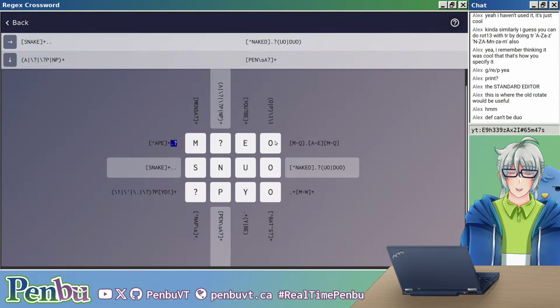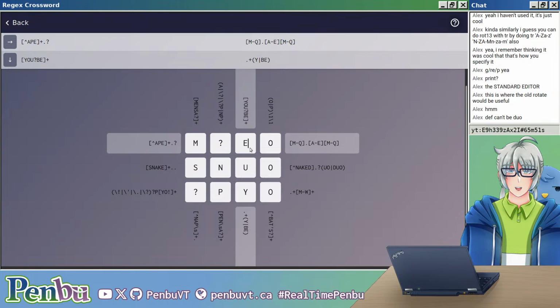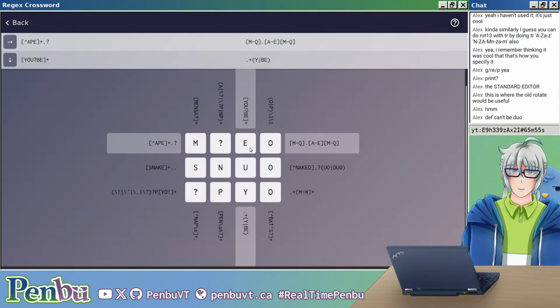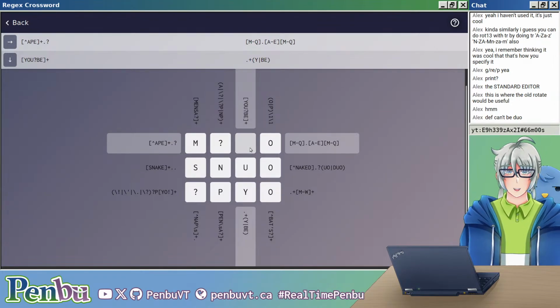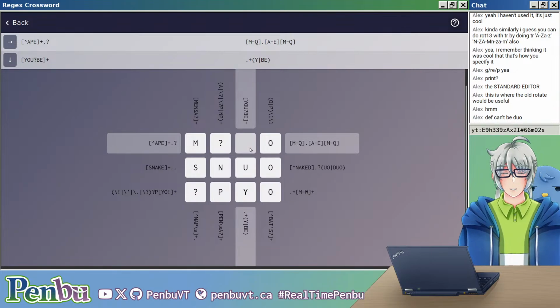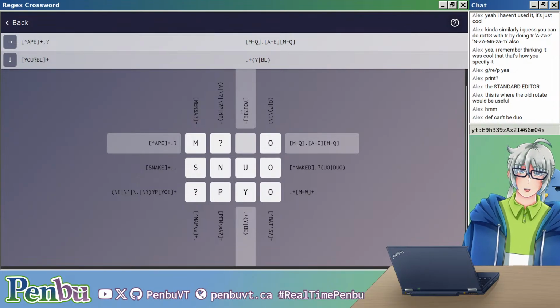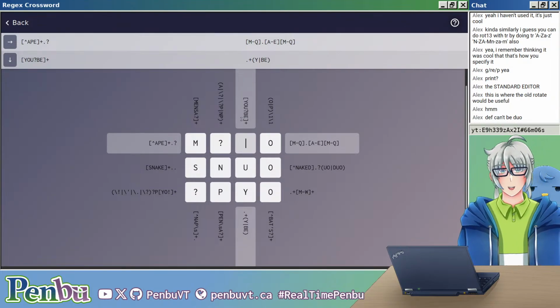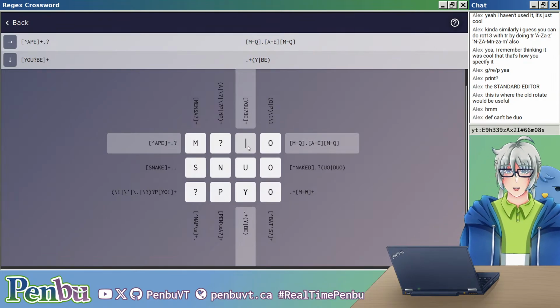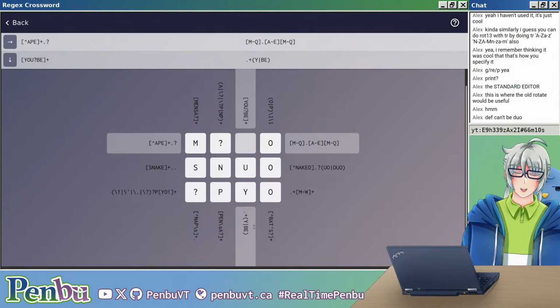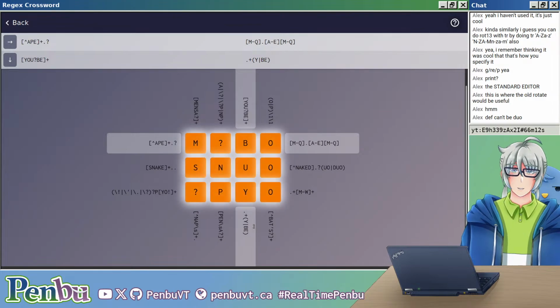So this has to be for this one, which means this has to be... Oh, that's what it is. It can't be an E. Okay, so if it can't be an E, then this has to be a B, because that's the only overlap there. So I think I missed the B in calculating this overlap. There we go.